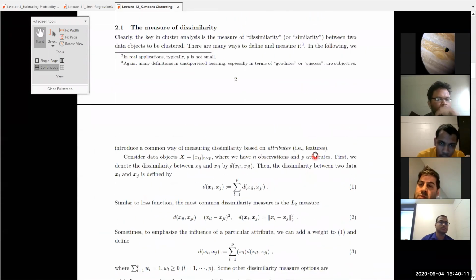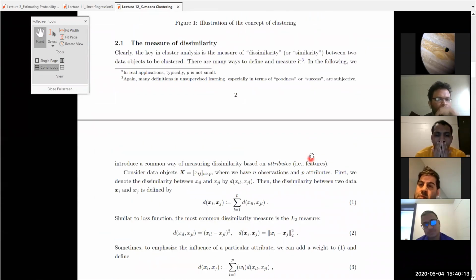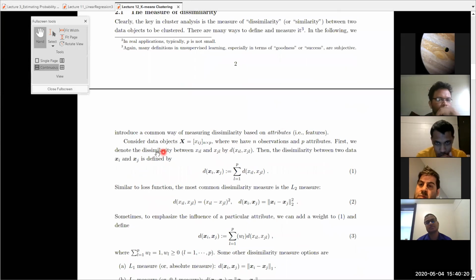First of all, I'm going to define the similarity, or rather the dissimilarity, by this notation. d_l(x_il, x_jl) is the dissimilarity of feature l between data i and data j.